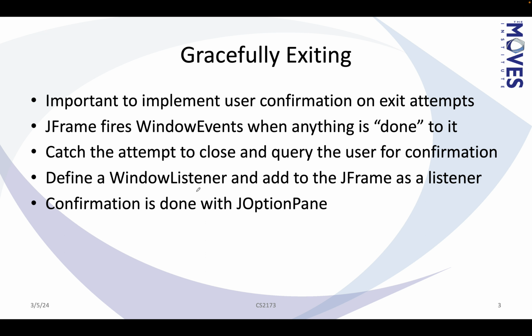All right, so we're going to implement a user confirmation on the exit attempt. And here's the concept to understand, and this is a very important idea: it's event-based programming. We've seen in object-oriented programming that the program consists of different objects that are sending messages to each other by invoking their methods. So if one object wants to send a message to another, it has to have a reference to that object, and it has to invoke a method on it.